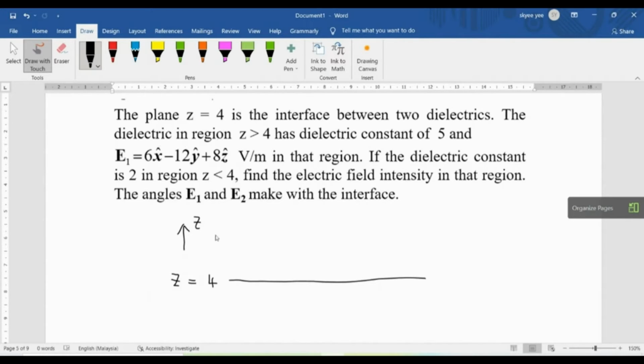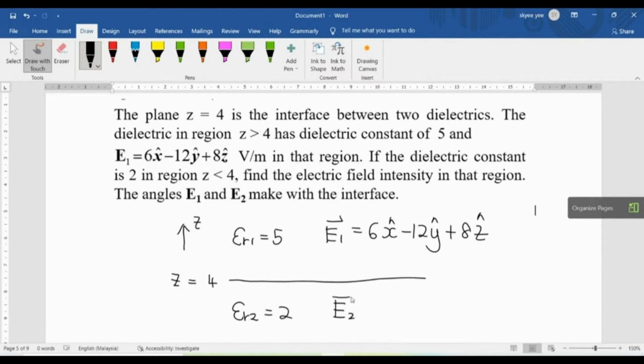The dielectric in the region greater than 4 has a dielectric constant of 5, and the electric field over here is 6x minus 12y plus 8z. If the dielectric constant is 2 in the region Z less than 4, find the electric field intensity in these regions.